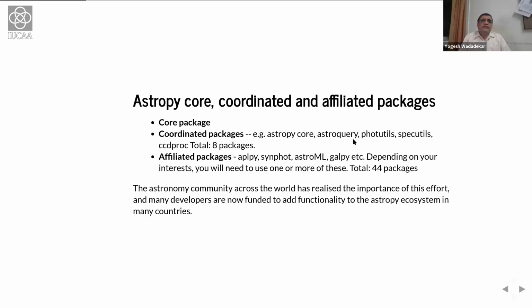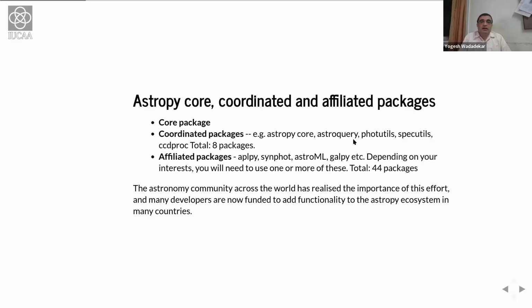In addition to that, there are something known as affiliated packages of Astropy, and I've listed some of them here. APLpy, as I mentioned in my lecture on Matplotlib, is something that uses Matplotlib to make professional publication quality figures for astronomical data. GalPy is another module which does galaxy dynamics.